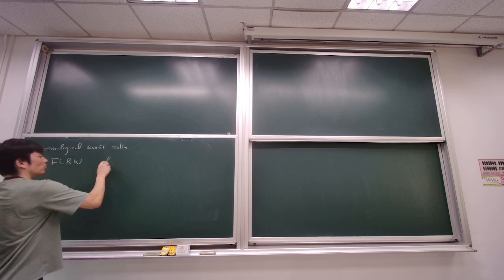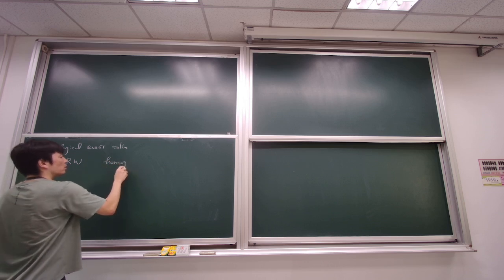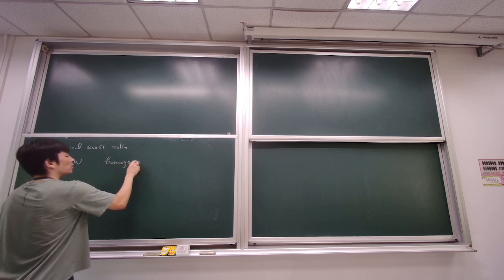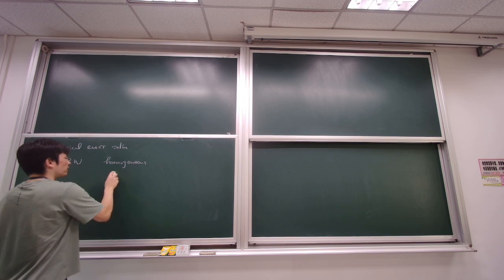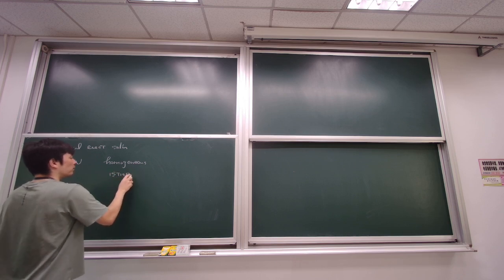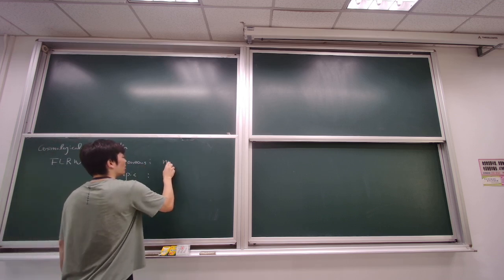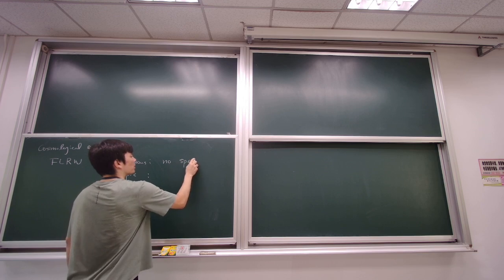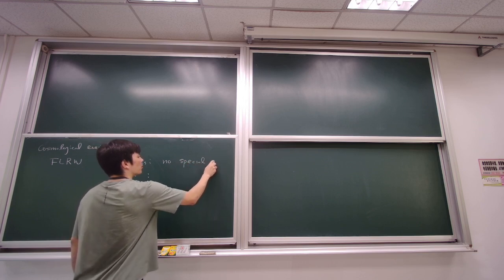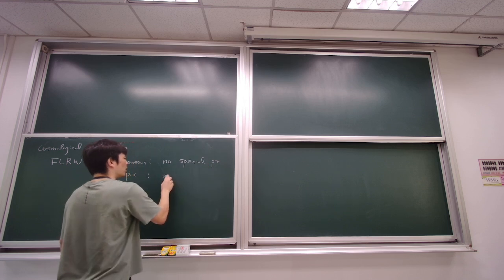So this is homogeneous and isotropic. This means no special point in the universe, and no special direction.